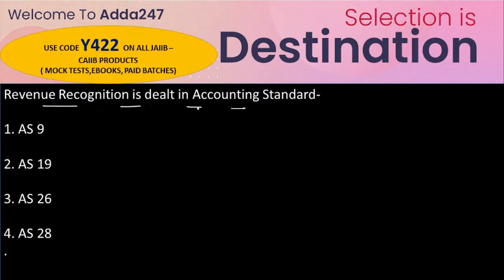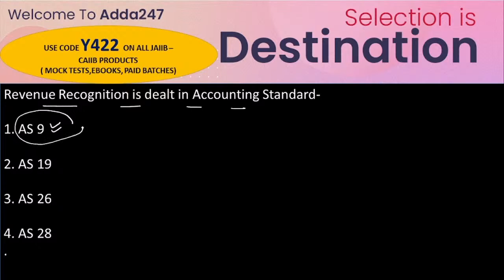In the exam you can get questions like this, like in some questions you will get accounting standard 9 related to which sector, or in some questions you will find revenue recognition directly, or any other sector, and it is dealt with in which accounting standard. So the answer is accounting standard 9.